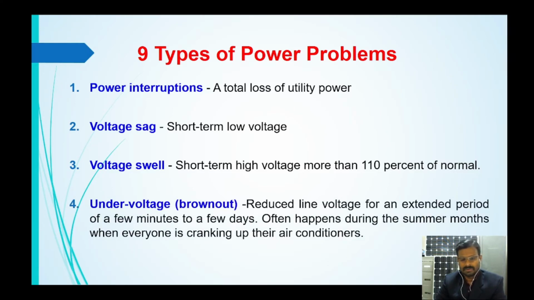Under voltage or brownout is a voltage sag which is sustained for a minute or more, even a day. This could be more than 10 percent as well. If it goes on for a long time, it could damage the devices.